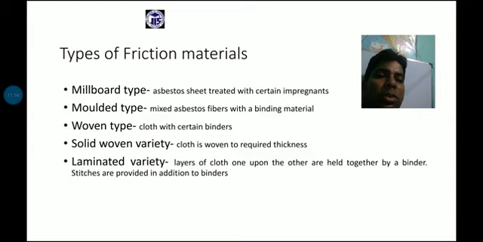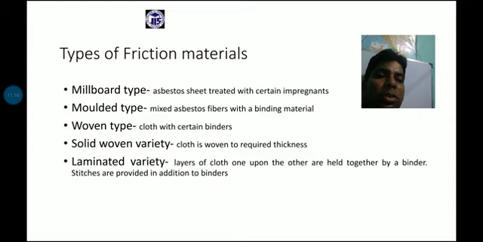So the total axial load on the clutch, W, is equal to pi P (RO square minus RI square).